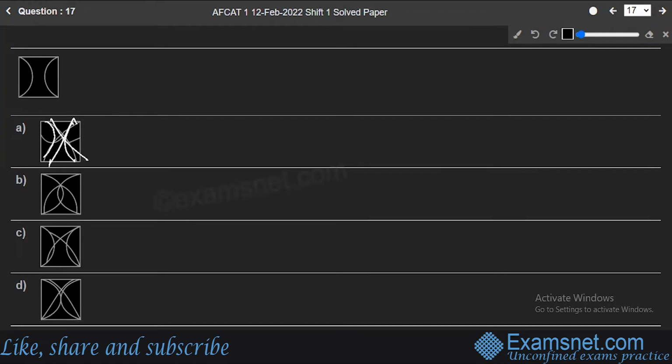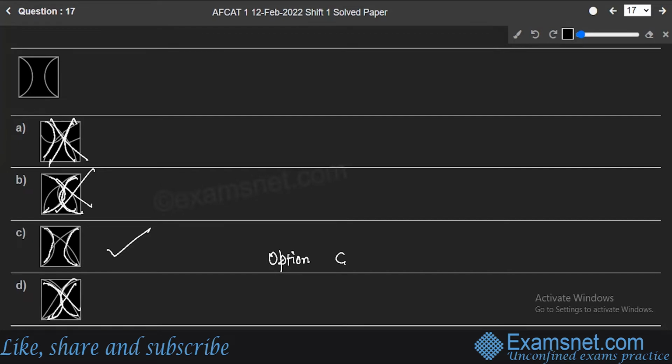I'll ignore this. Even here, the two semicircles, the two parabolas, they are intersecting. This is not done. See, in this one, you are having that portion. The two curved portions are there. So this one probably goes. And this one again, because the two curved lines are touching each other, this one will not go. So option C is the answer to the question, right?